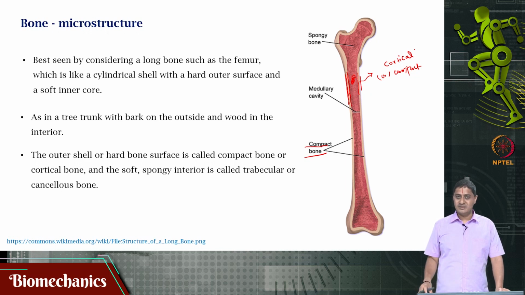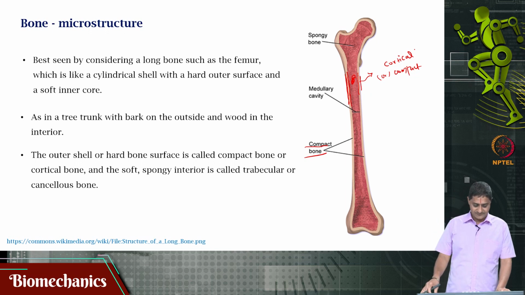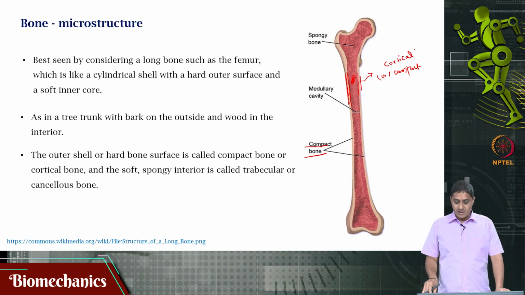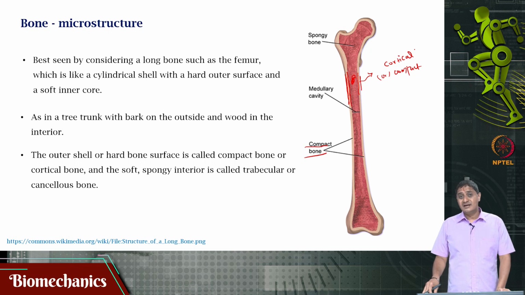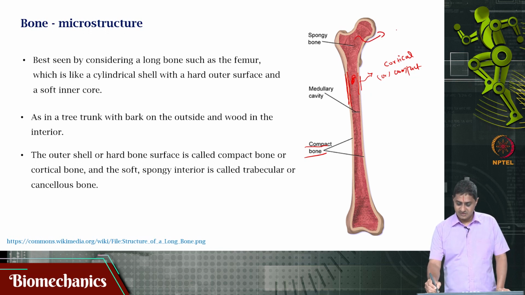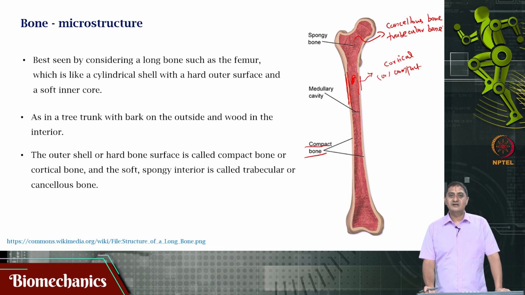Here cortical bone means the outer strong compact bone. Okay. The bone that is found in the middle, the soft spongy bone, sponge like bone, is called cancellous bone. This part is called cancellous bone or trabecular bone.